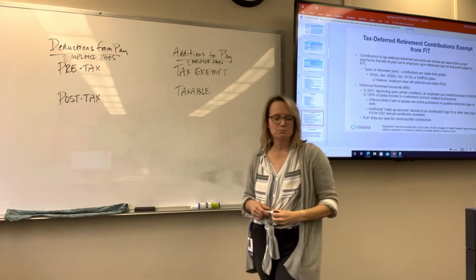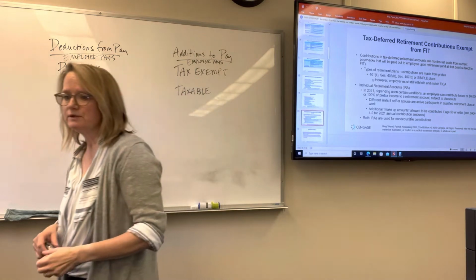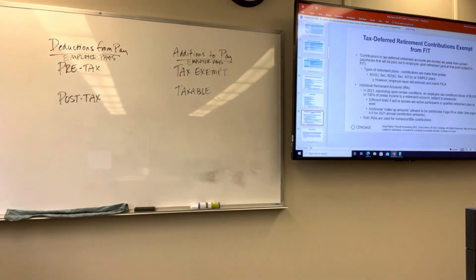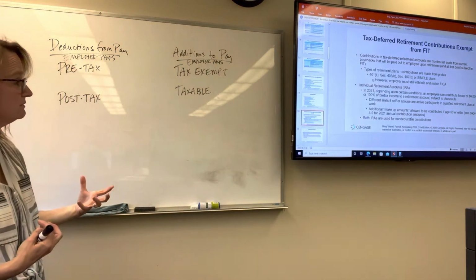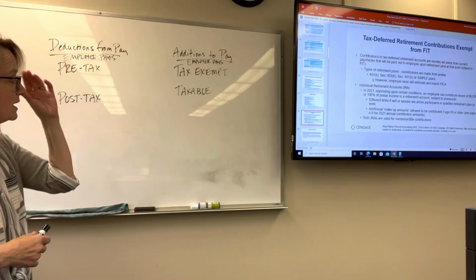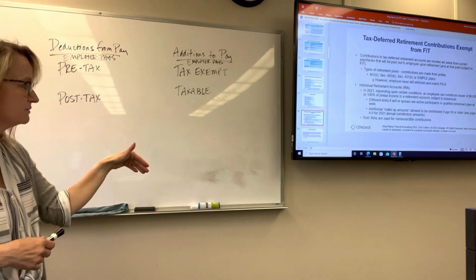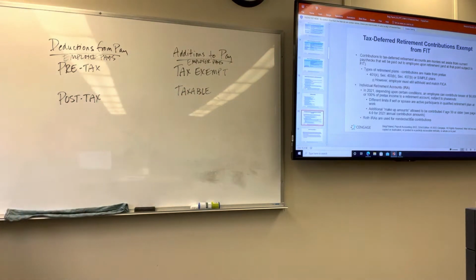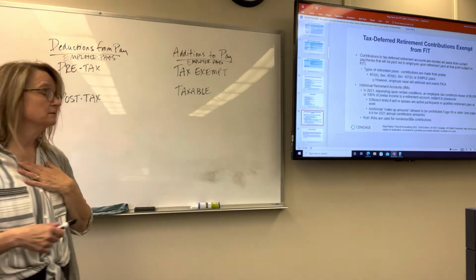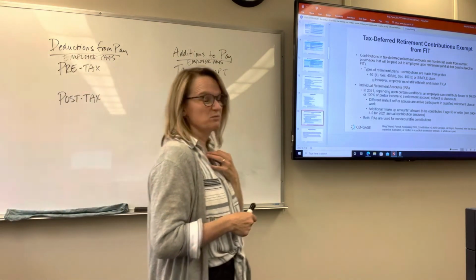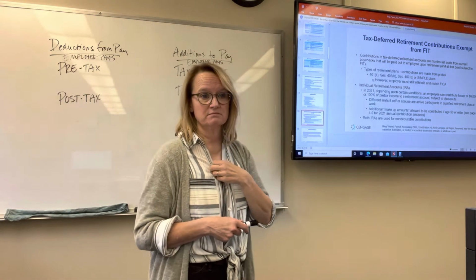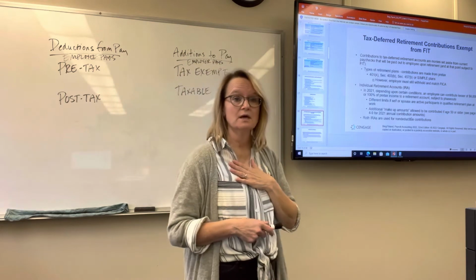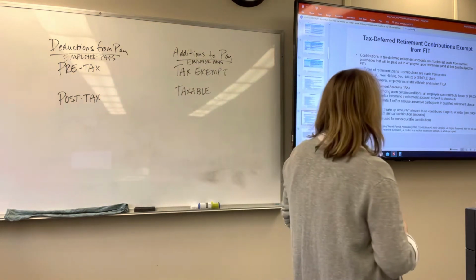Those are used by small employers that also have a matching component to them. And then there are also other types of plans. Individual retirement accounts are funded only by the employee. There are what are called SEP accounts, self-employed plans for self-employed individuals to contribute to.